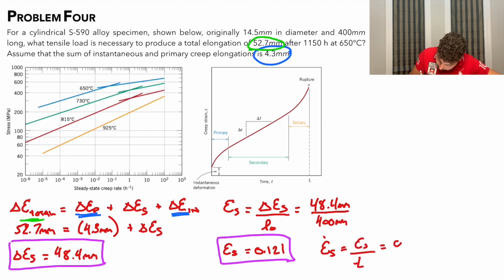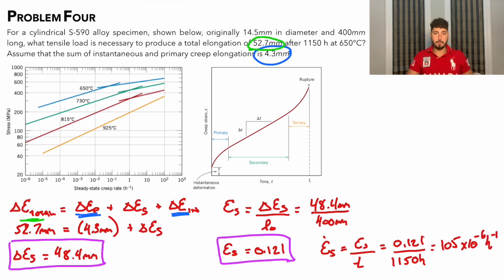That's going to be equal to 0.121 divided by 1,150 hours, and that's going to give us a value of 105 times 10 to the minus 6 inverse hours.